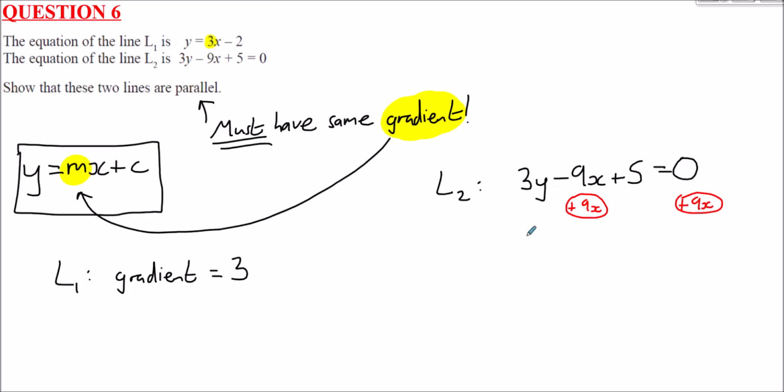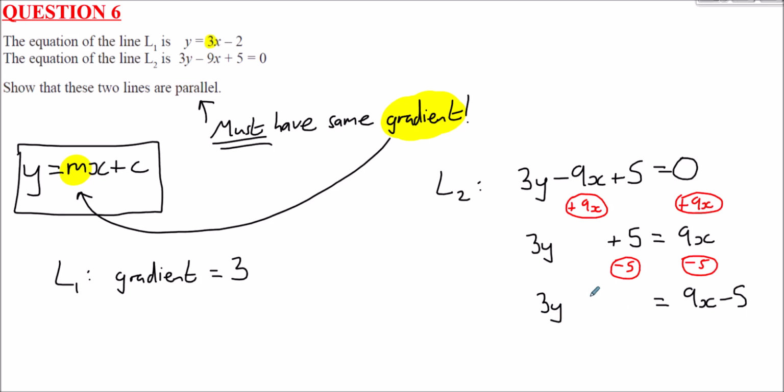I then have 3y plus 5 equals 9x. I now want that 5 to disappear as well. How can I undo plus 5? I can subtract 5. So I'm going to subtract 5 from both sides. I then get that 3y equals 9x minus 5.